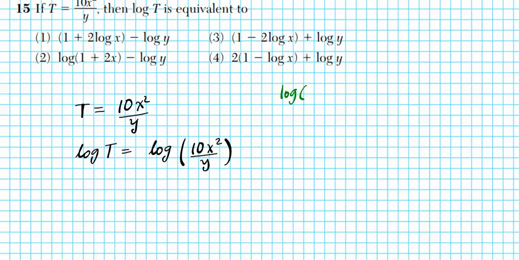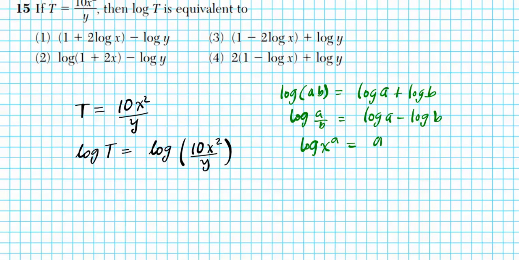Log of ab is equal to log of a plus log of b. And log of a over b is equal to log a minus log b. And also if you have log of x to the a, you can power this down as a times log of x.